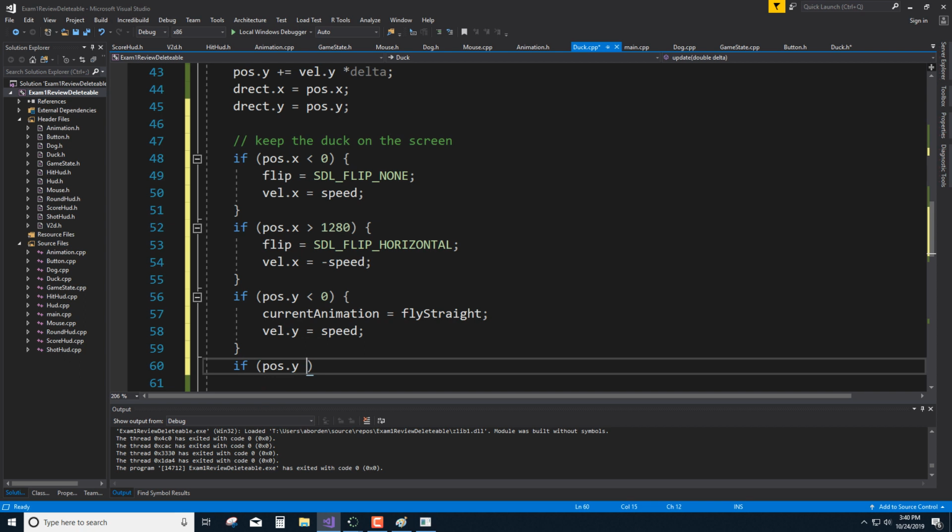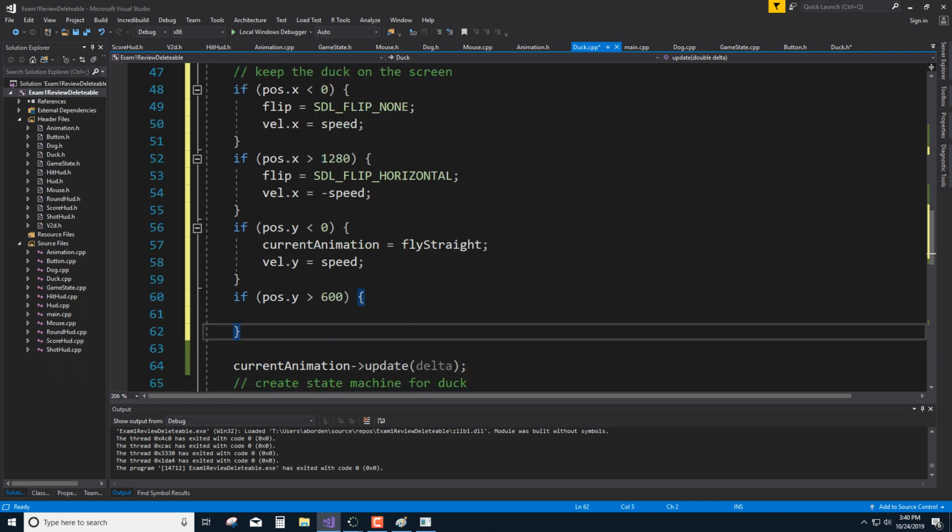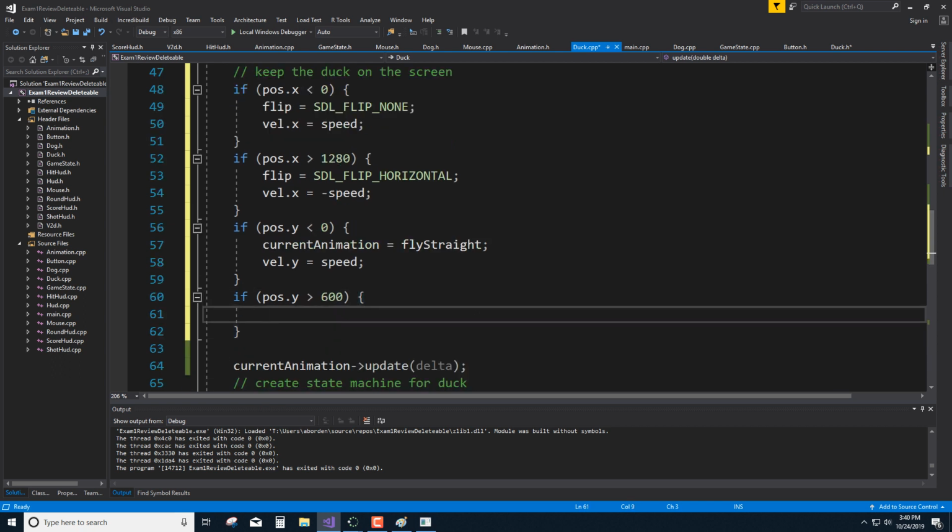Now we got to account for the grass. Where is the grass? We don't know where the grass is. We'll just put some number in there. We'll come back and fix that. Right, Shannon? If he hits the grass, current animation equals fly angled.